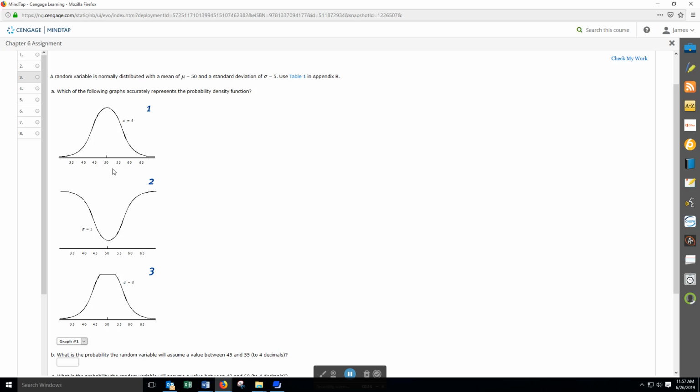Then we're going to look those values up in the back of the book and calculate the probability between 45 and the mean and add it to the probability between 50 and 55. That will give us the probability that a value falls between 45 and 55.